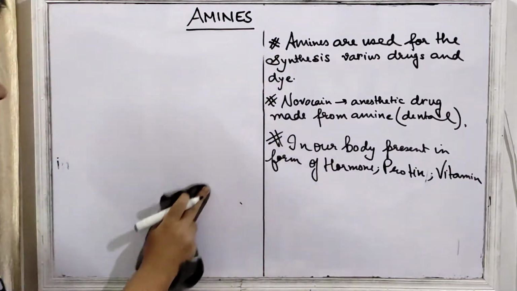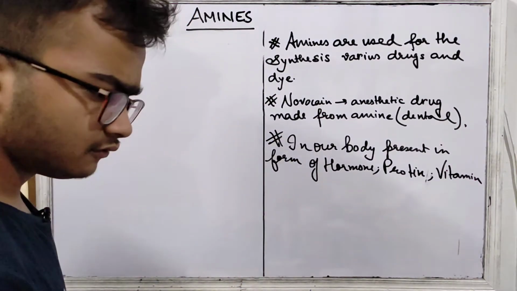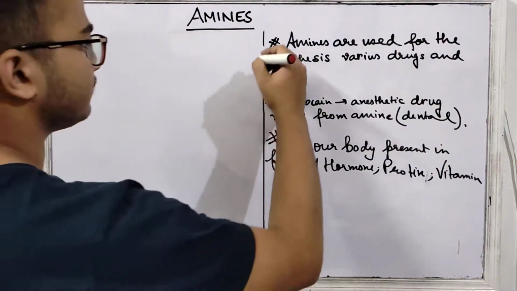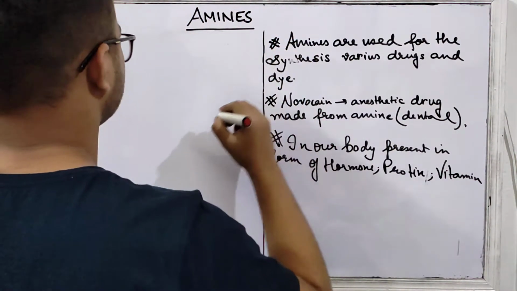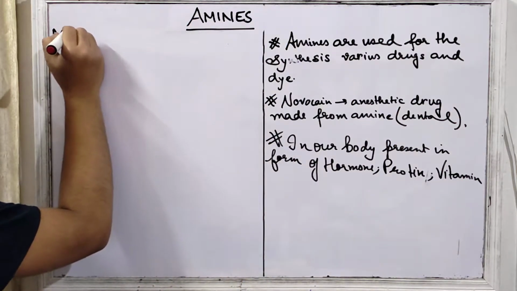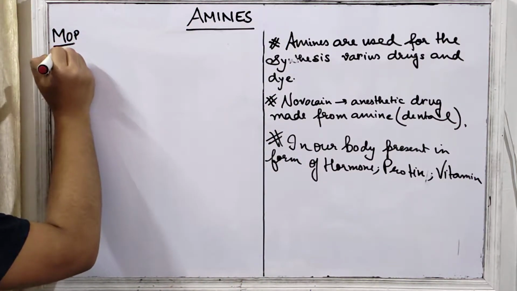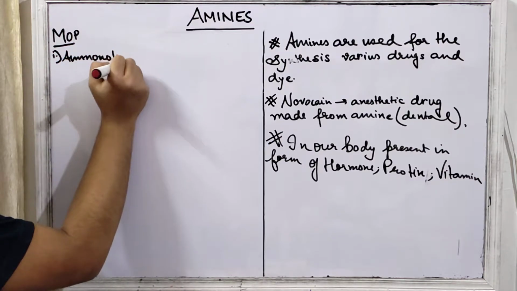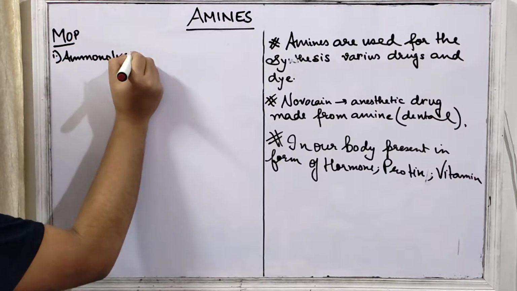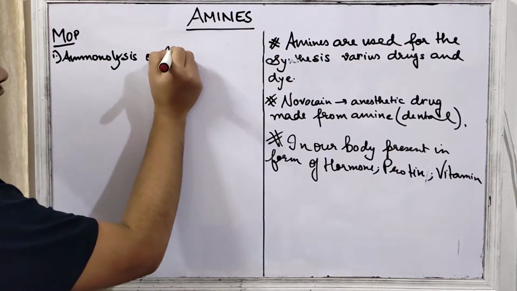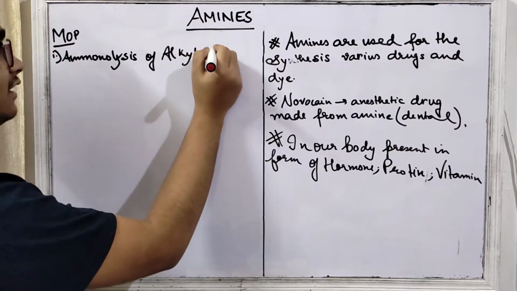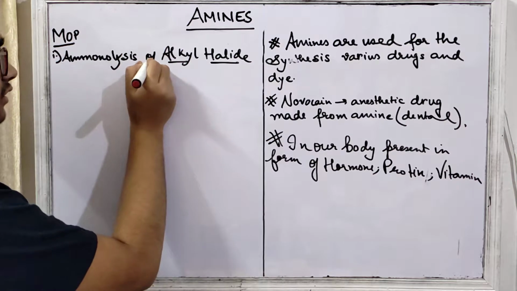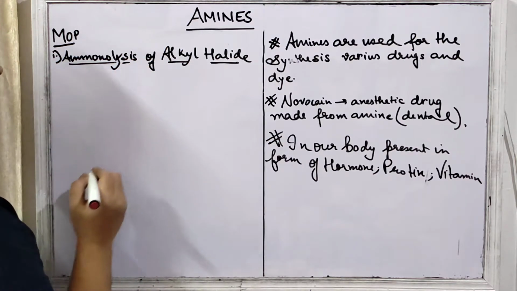There are various methods of preparation of amine, and the first one is the ammonolysis of alkyl halide. Give the heading under methods of preparation, MOP: ammonolysis of alkyl halide. We did this in the haloalkane chapter in the chemical properties.